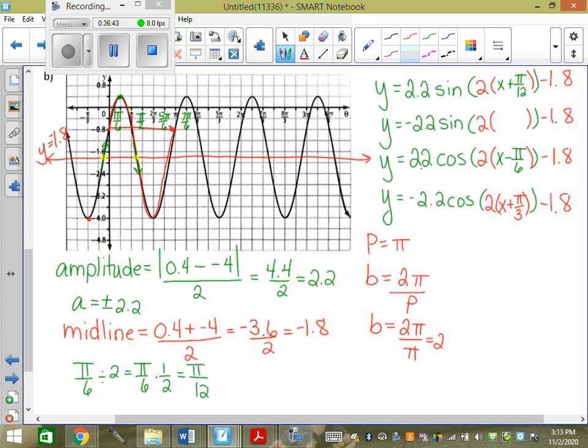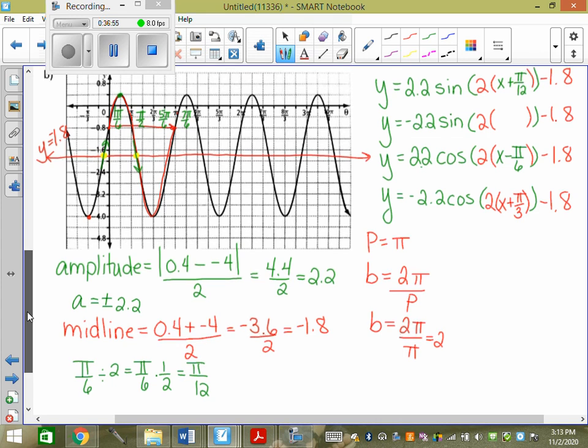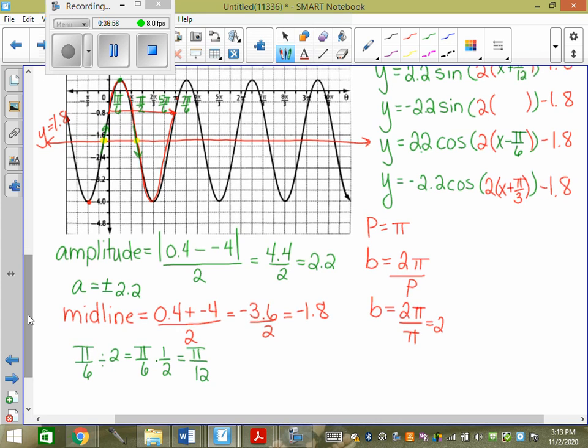This one is halfway between pi over 6, 2 pi over 6, 3 pi over 6, so pi over 6, 2 pi over 6, so pi over 3. So this one's halfway between pi over 2 and pi over 3. How do I find halfway between two values? It's the average. So I add them up and divide by 2. So I'm going to do pi over 2 plus pi over 3, which gets me 3 pi over 6, common denominator, plus 2 pi over 6, which is 5 pi over 6.